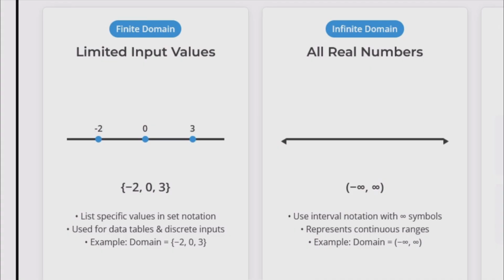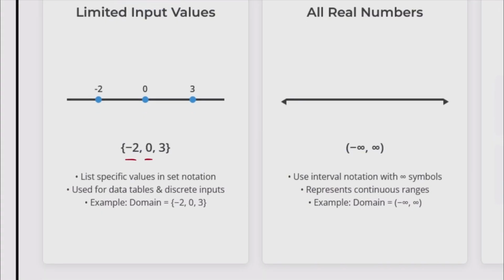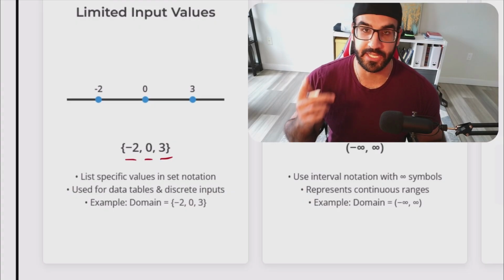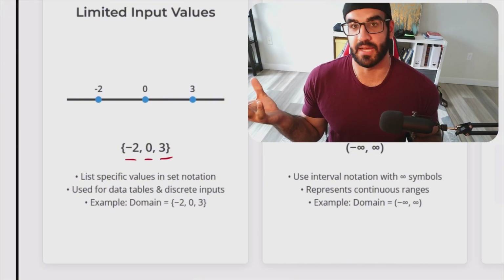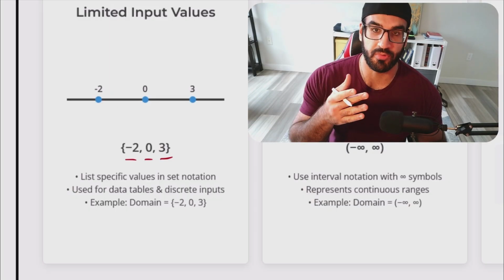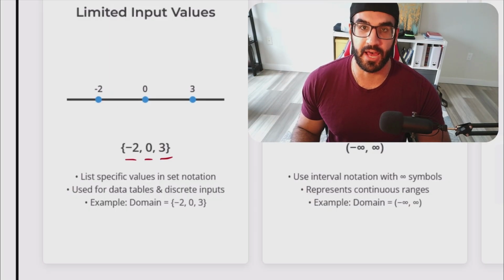For instance, I have -2, 0, and 3, and this is my domain, so I cannot have any other numbers. Based on these inputs, I can have some outputs. And we remember that for each specific input, we can only have one specific output, because that was the definition of a function, right? So 3 inputs and 3 outputs.